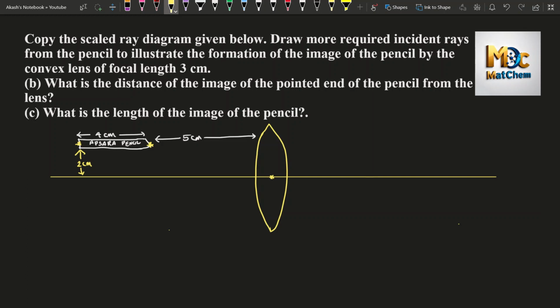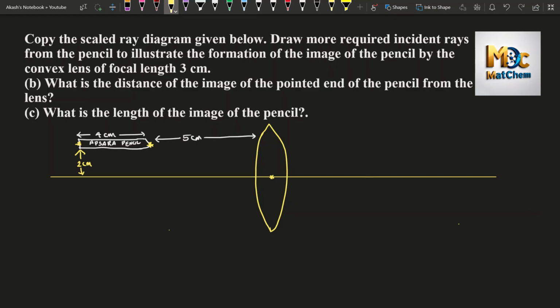When you study sign convention, we place all the objects perpendicular to the principal axis. So we consider the pencil as a single object, but with respect to the lens, the tip of the pencil will act as one object and the end of the pencil will act as another object. We need to draw the ray diagram keeping this in mind.